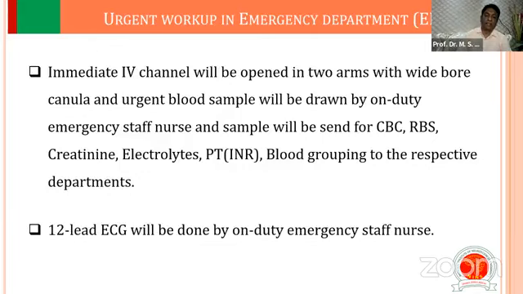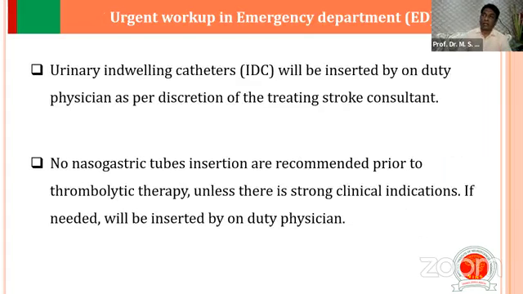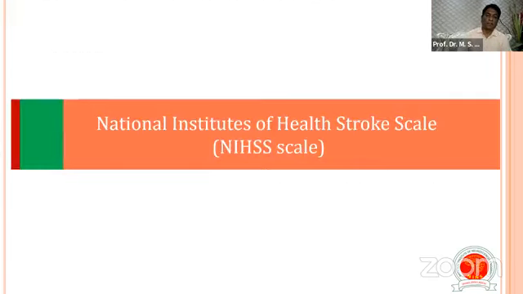We send the blood for CBC, RBS, creatinine, electrolytes, and blood grouping to the respective departments, and the ECG is done by the duty staff nurse. A urinary indwelling catheter will be inserted, but no nasogastric tube insertion without recommendation.